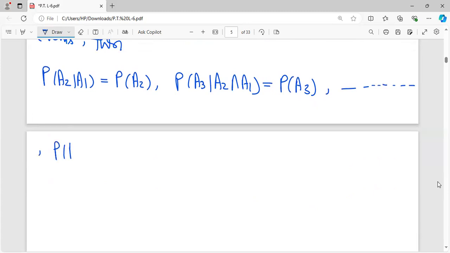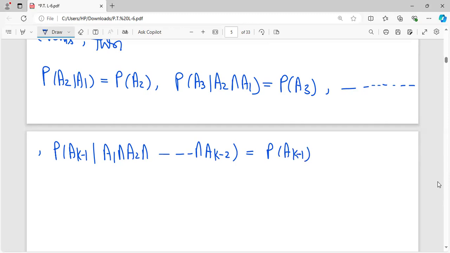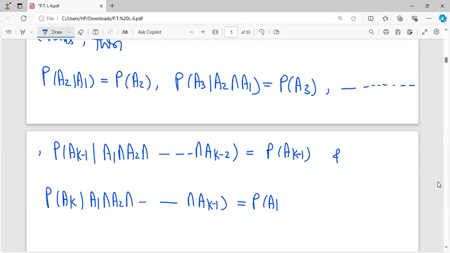What is P AK minus 1 relative to A1 intersection A2 up to AK minus 2? It is equal to P AK minus 1, and P AK relative to A1 intersection A2 intersection up to AK minus 1 is equal to P AK.